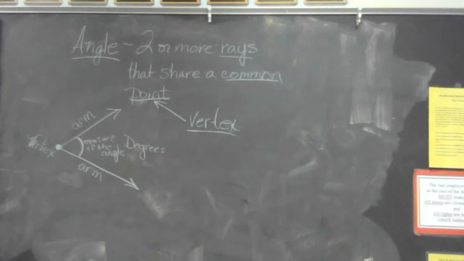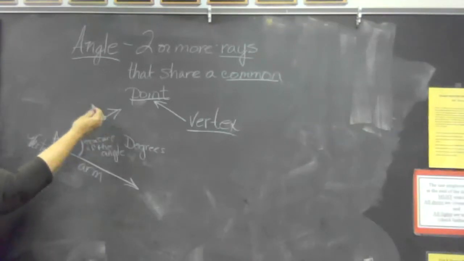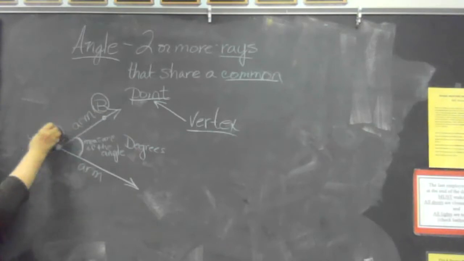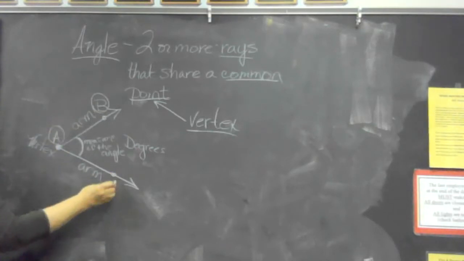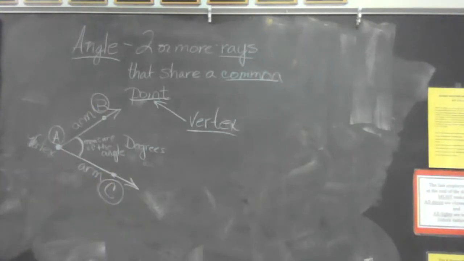Now, if we have some point here, anywhere on this ray, and it's B. I'm going to circle them for all this stuff that's here. And of course, let's make this C. There's a point somewhere here. So to name an angle, you have to use 3 letters, and you have to put the vertex in the middle.